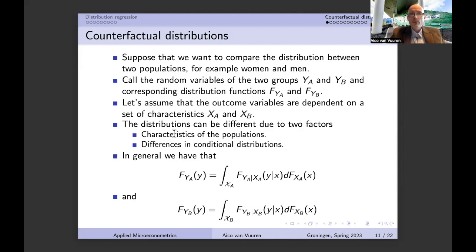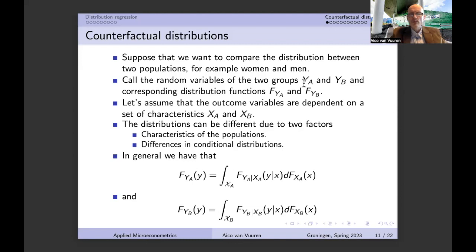It may be possible that these two distributions of XA and XB are going to be different, and that results in a difference in terms of the distributions. For example, if we look at the distributions of wages between women and men, then it could be possible, I'm not saying that that's true, but it could be possible that the education level of the women is going to be lower than the education level of men.